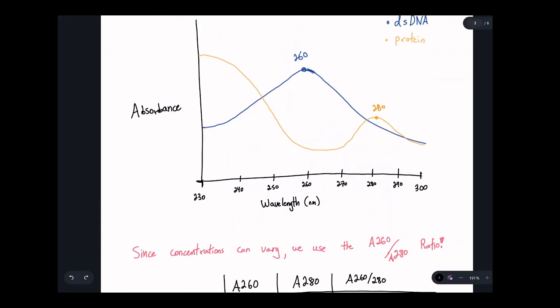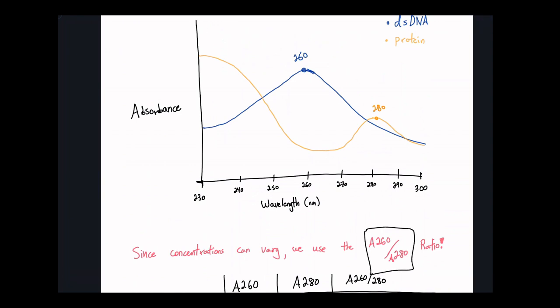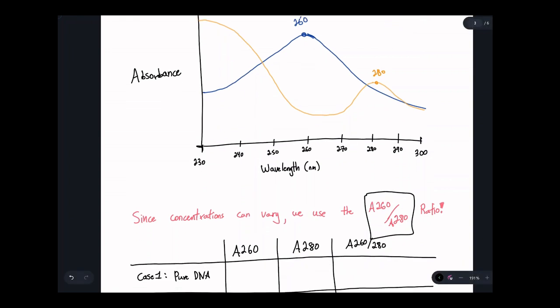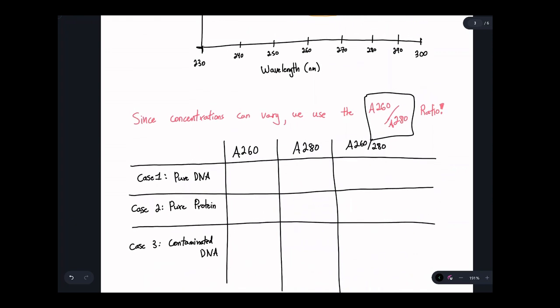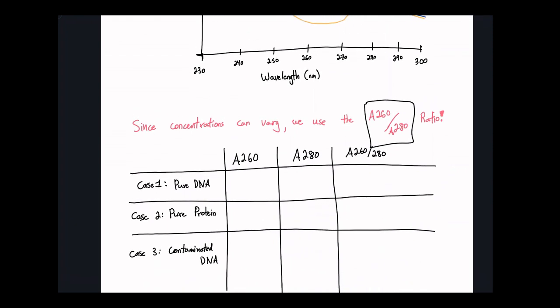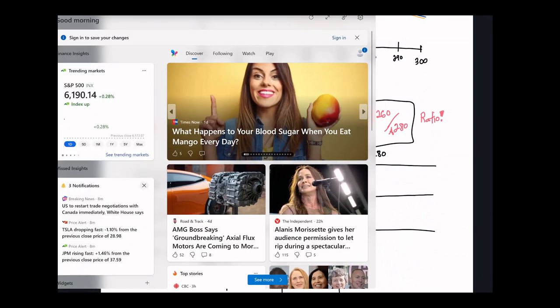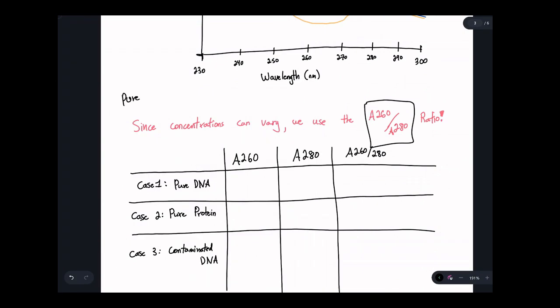So what we're going to do is use the absorbance 260 to 280 ratio. We take the total absorbance at 260 and at 280, and we divide them by each other. This isn't something you're going to need to really do much math on, but the basic idea is that if you have pure DNA, you're going to be dealing with around 1.8 to 2 as your unit.